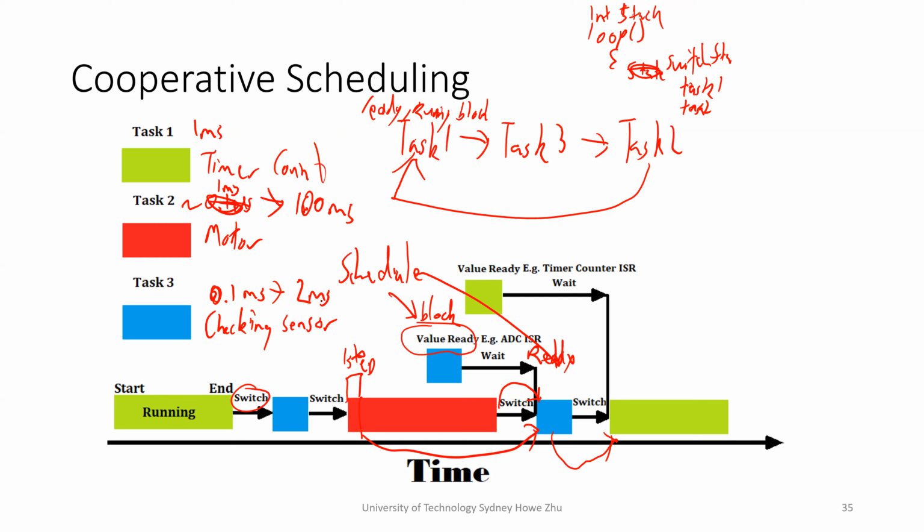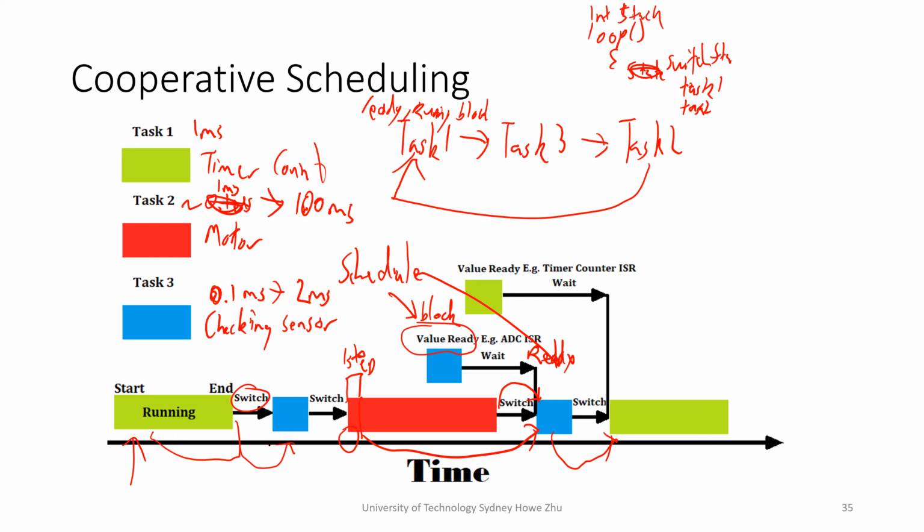For example, if I need the motor to immediately do an operation here, but my system is currently here, that means with cooperative scheduling I always have to wait for the current task to complete, and then I have to wait for the sensor to finish converting. So at maximum, that could take 3 milliseconds before my motor starts moving.